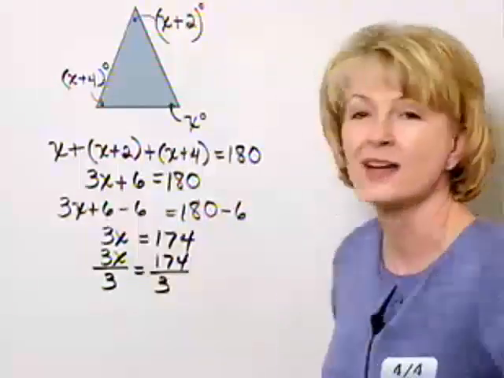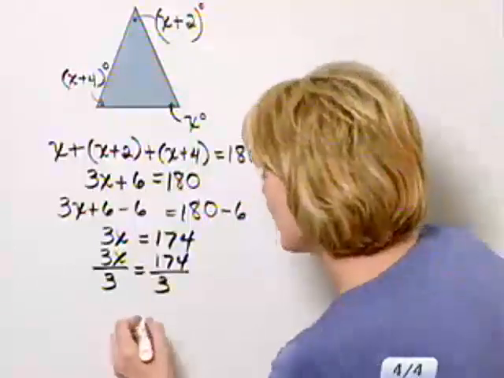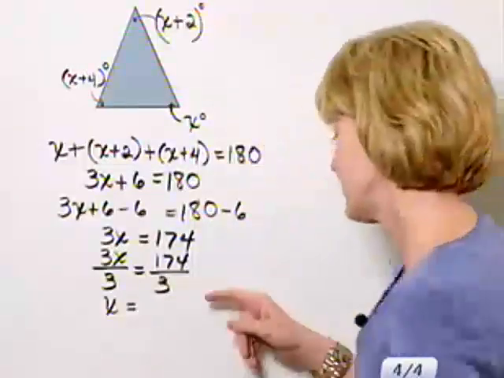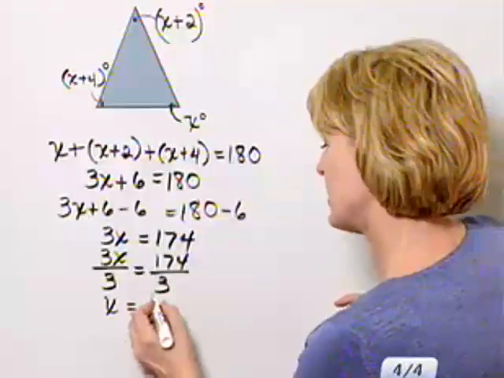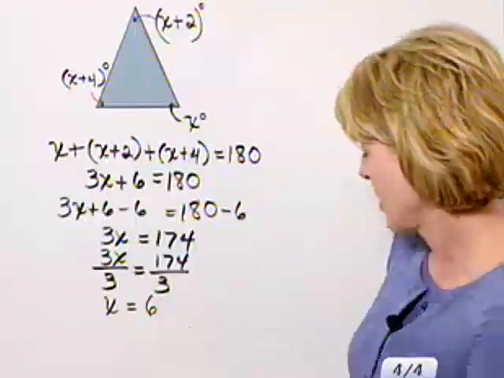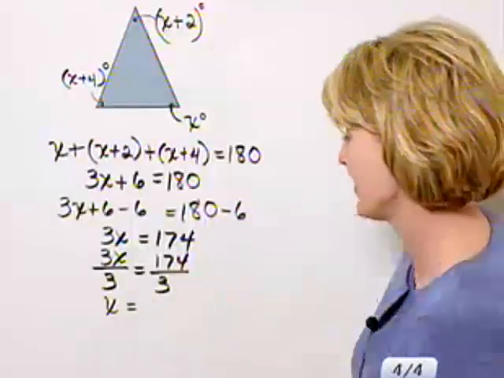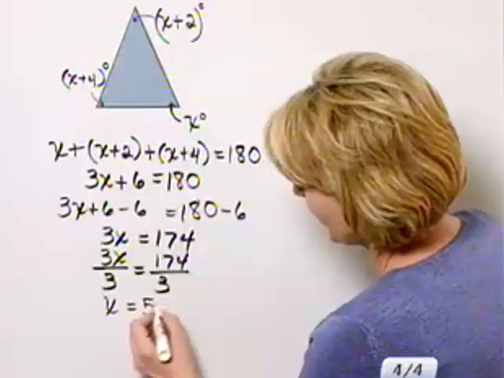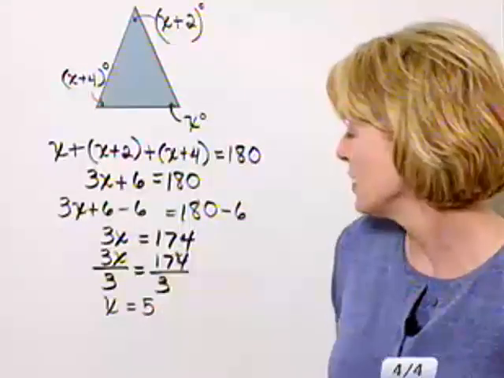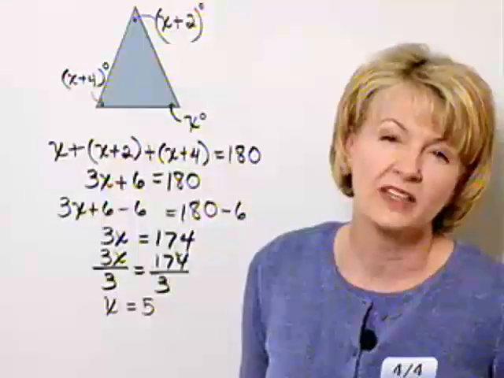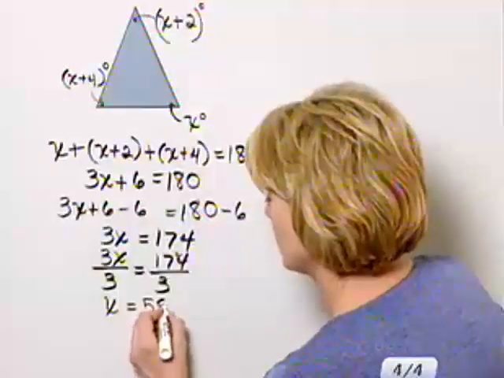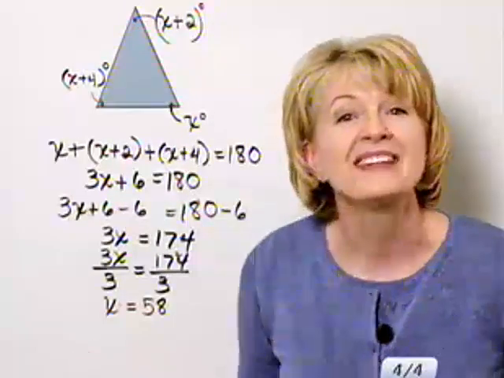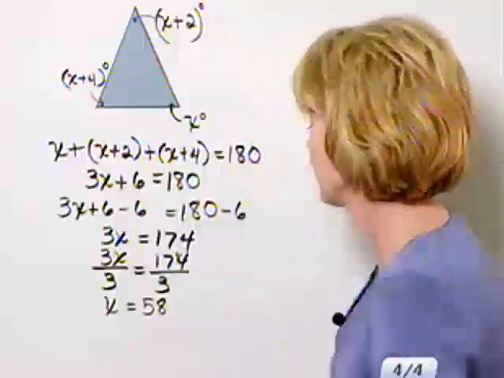So the right side by 3. The left side we have x. The right side, 3 divides into 17 5 times with a remainder of 2, and 3 divides into 24 8 times. So we've solved, now let's interpret.